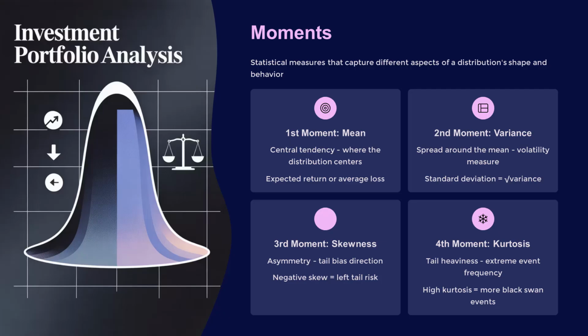Third moment: skewness. Measures asymmetry. Negative skew signals downside risk, a common feature of equity and credit returns. Fourth moment: kurtosis. Measures tail fatness. High kurtosis means more extreme events than the normal distribution predicts.